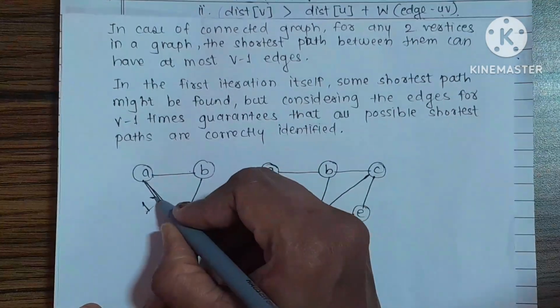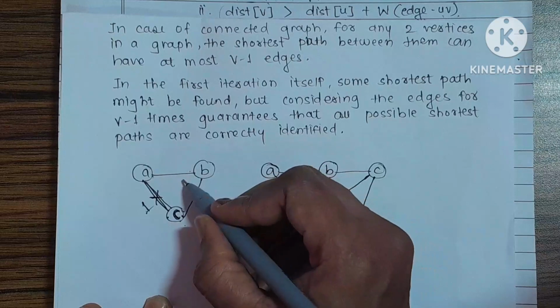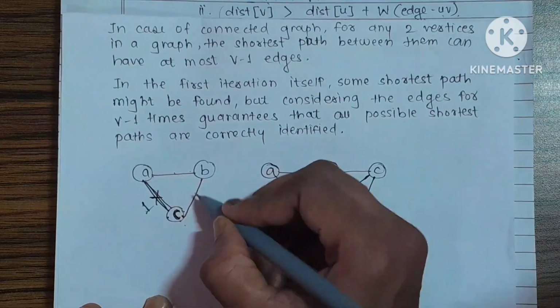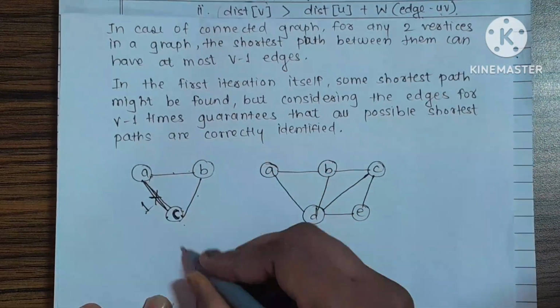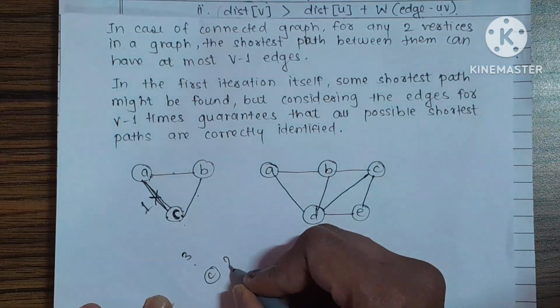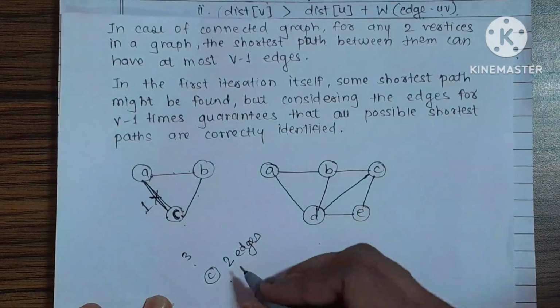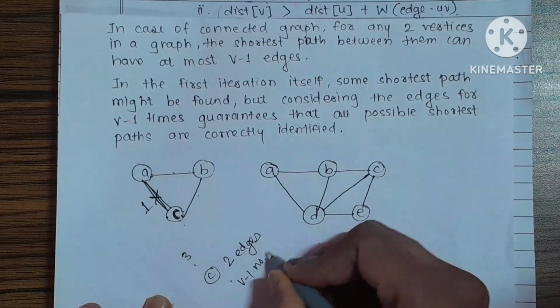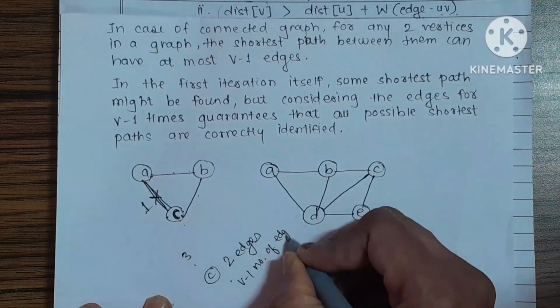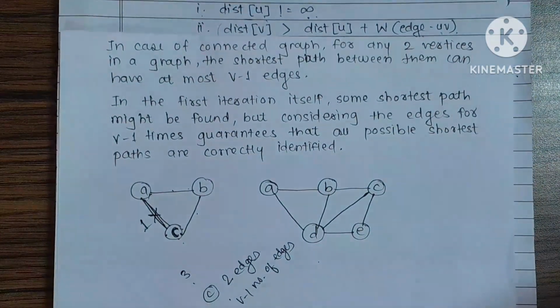But if we consider the longest path, then C lies 2 edges apart from A. Now 3 vertices are there and C is 2 edges apart. So at most V minus 1 edges could be there which may give us the shortest path.